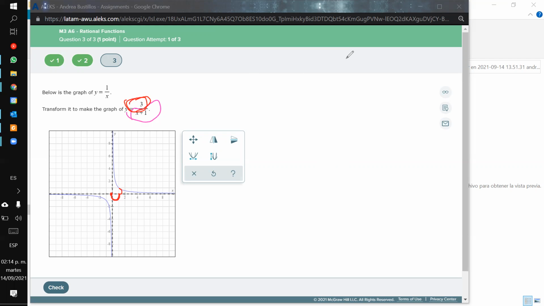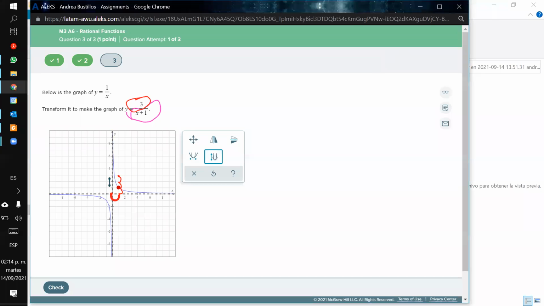The leading coefficient is going to affect the rise, meaning that if I move 1 to the right, I'm going to have to be moving 1, 2, 3 upwards, meaning that I have to move this point of the graph to this point. To do that, I'm going to use this property. This property changes the point to this place.